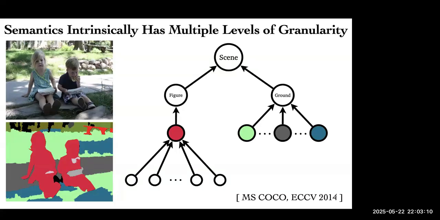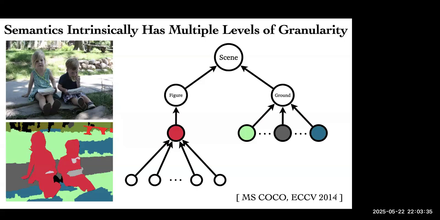I can propose maybe the Oracle knows that maybe there's such a hierarchical organization. The root level is the scene. What is a scene? Indoor, outdoor. And then breaking into figure ground. Figure could be the person of interest. The person could be broken down to head, torso, legs. The ground could be curb, could be rocks, could be trees, okay?